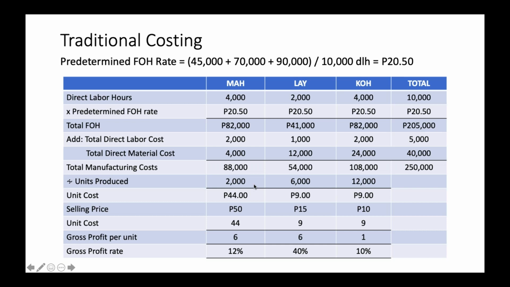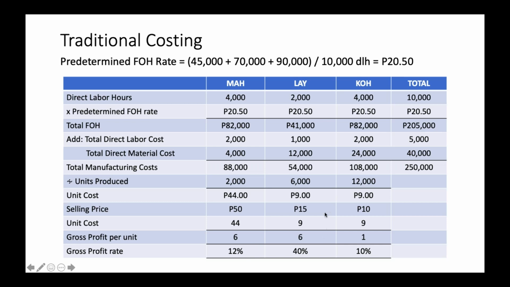For Ma is 2,000, for Lai is 6,000, for Ko is 12,000. So we will arrive at the unit cost for each product of 44, 9, and 9 pesos for Ko. So if the selling price is 50 for Ma, less the unit cost of 44, we will arrive at a gross profit per unit of 6 pesos, and that is a 12% GP rate.